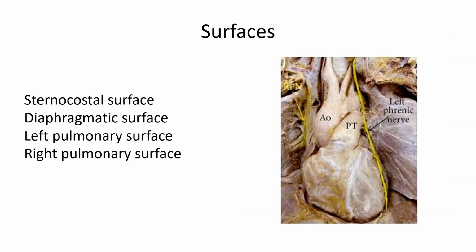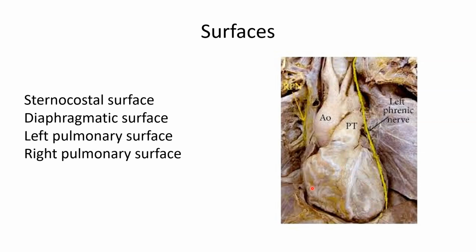Coming to the surfaces. After learning about the apex and base of the heart, let us look into the surfaces. The surfaces are the sterno-costal surface, diaphragmatic surface, and the right and left pulmonary surfaces.